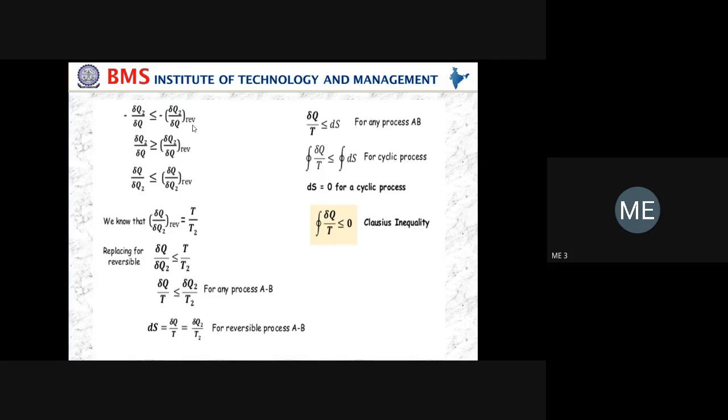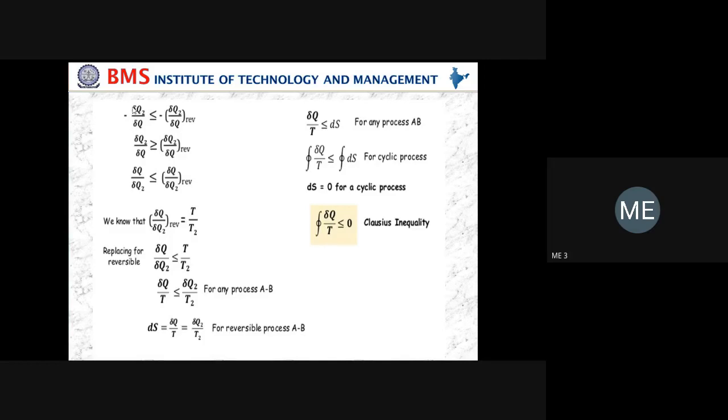Okay, and suppose in order to write the greater than formula, how are you going to write? This is the step you have to understand very carefully. Here, minus of dQ2 divided by dQ is less than or equal to minus of dQ2 divided by dQ reversible. Whenever you change the sign, I want to change the sign minus on both sides.